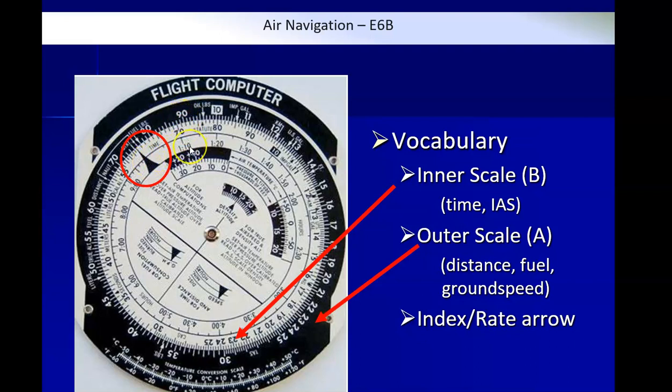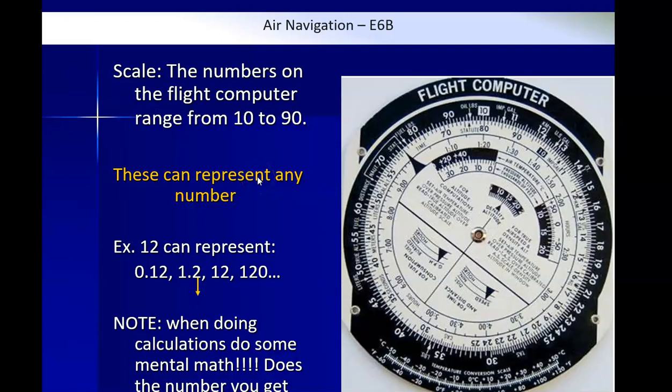If I was burning 90 gallons of fuel per hour, which is pretty high, then I would put the index over on 90, and that would represent gallons per hour as well. That's what that index rate arrow is. The numbers can represent any number from 10 to 90, but when you're doing your calculations, you've got to adjust for your decimals. So keep that in mind as you're doing your calculations.